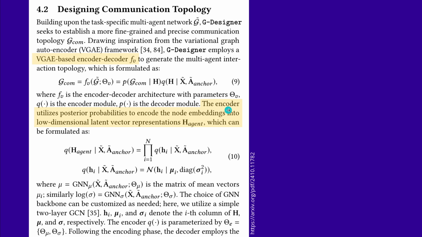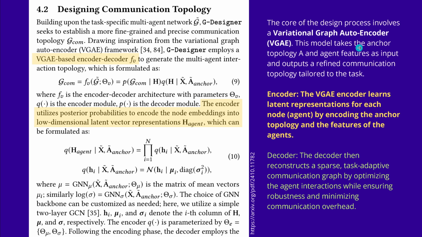We have an encoder and we have a decoder. Let's have a look at this, and for my little green grasshoppers, we have an encoder. The encoder learns a latent representation for each node, for each agent, by encoding the anchor topology and the features of the agent, and then the decoder simply tries to reconstruct the original pattern.